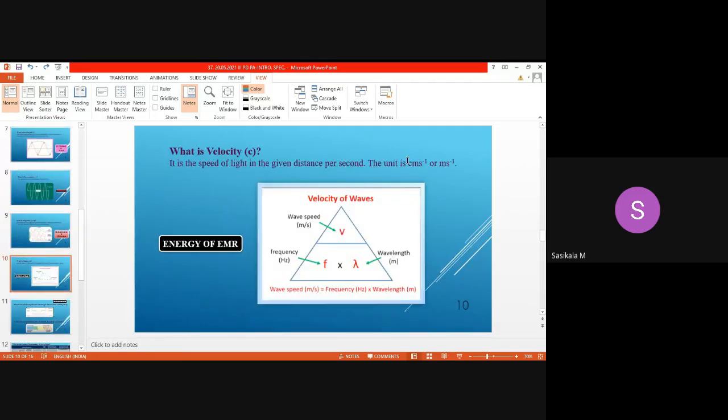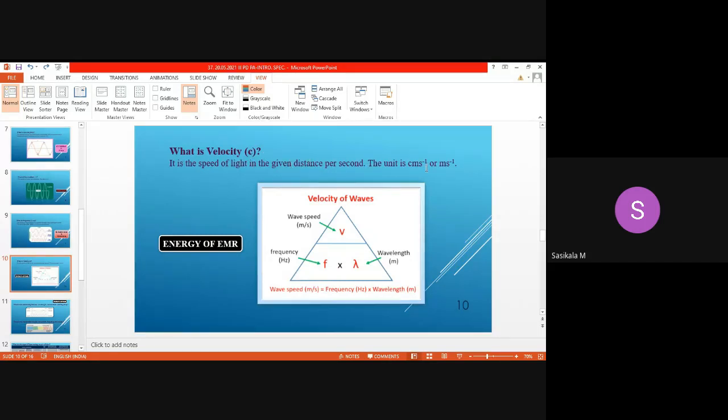Okay. Now let's move on to the 4th parameter, that is velocity. Velocity is represented with C. It is the speed of light, how much distance it travels in a vacuum per second.